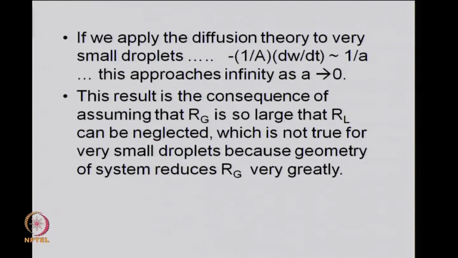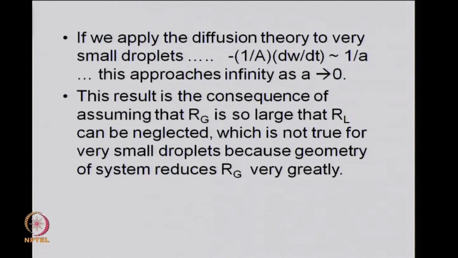If we apply the diffusion theory to very small droplets, then it implies that minus 1 by capital A dW by dt varying as 1 over small a will actually approach infinity as the radius tends to 0.